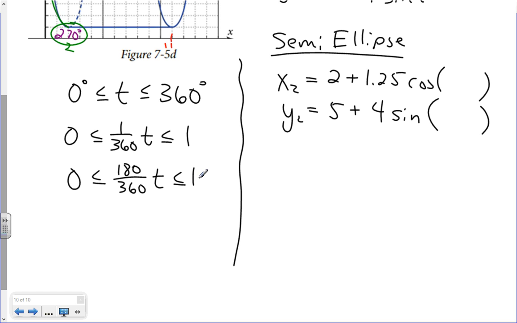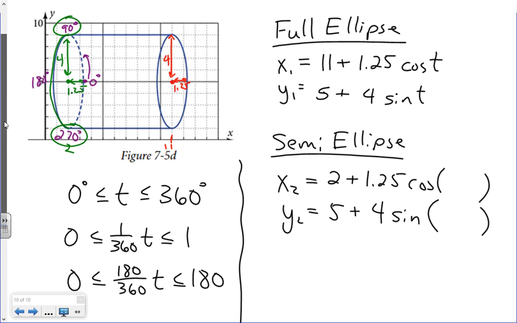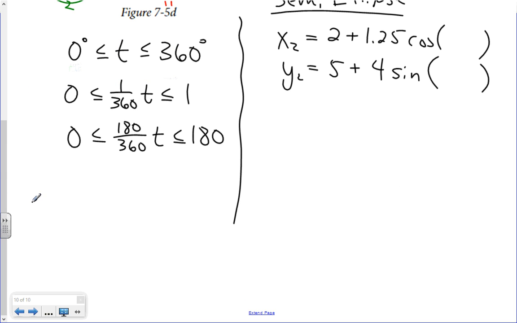And that's less than or equal to 180 times 1, which is 180. And we're close to what we want now. I've now got something that's going from 0 to 180. But actually what I want to end up with is going from 90 to 270. So I have to add on my starting point. I want to start at 90. So add 90 to everything. I'll have 90 plus 0 is 90.